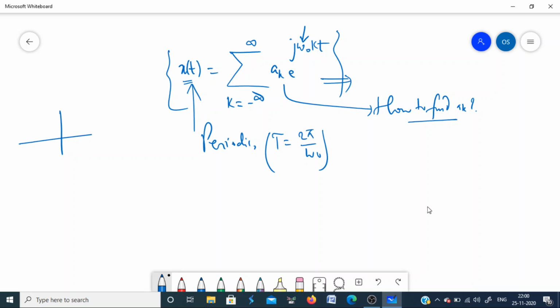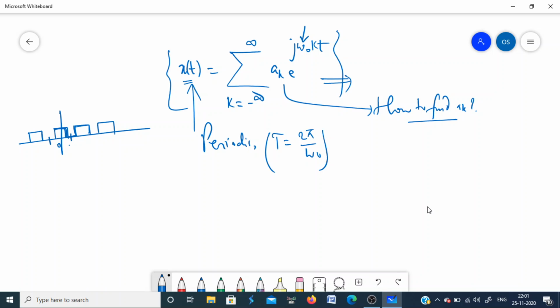Let us suppose, if I take a simple example, a periodic signal like this, a square wave. If this is 0, this is one time period, from this point to this point.